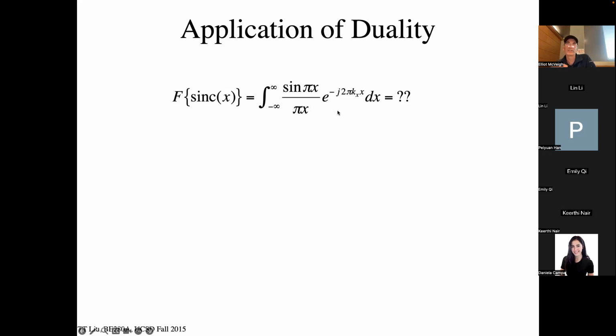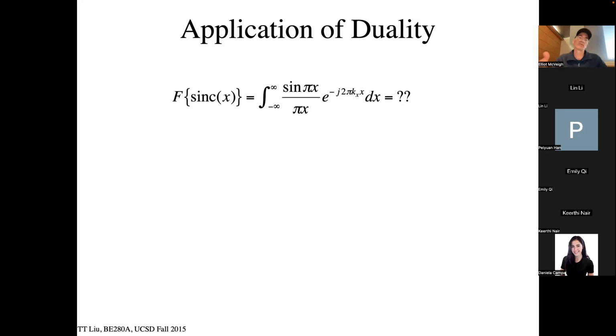But what I just told you should tell you what the Fourier transform of sinc is. How did we get the sinc function? We took the Fourier transform of a rectangle, which is a symmetric function. Sinc is a symmetric function. So what's the Fourier transform of sinc? It's our rectangle function. You just go back and forth, working in either domain.